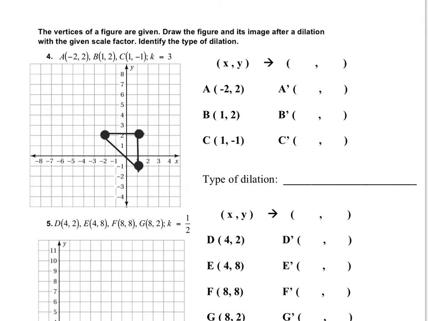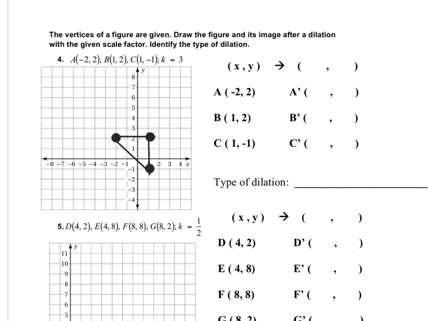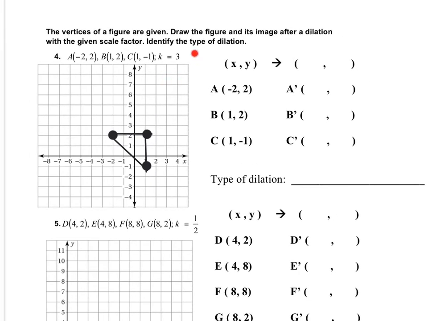Now I'm going to dilate the figure with a scale factor of 3. What that means is I'm going to multiply each coordinate in every ordered pair by the scale factor, which is 3. I know that it's 3 because k is equal to 3, and k represents the scale factor.